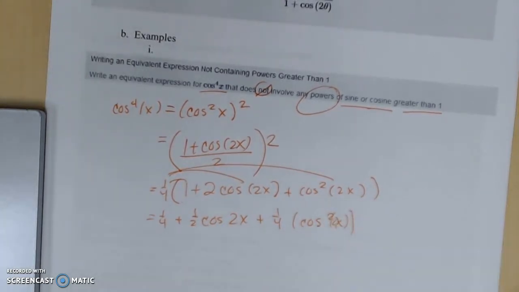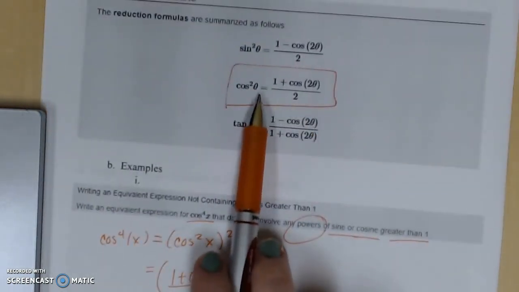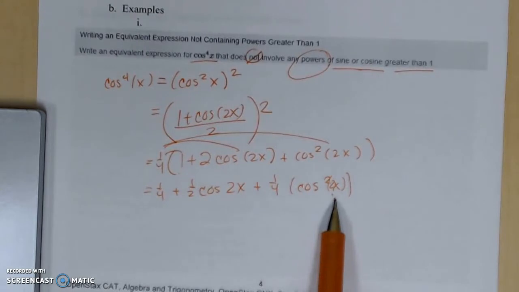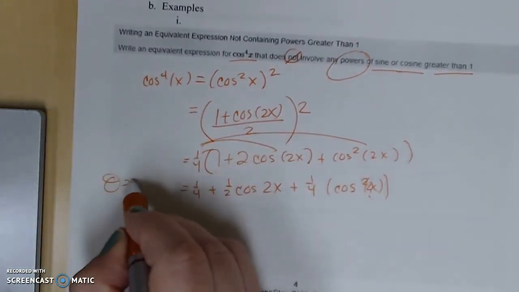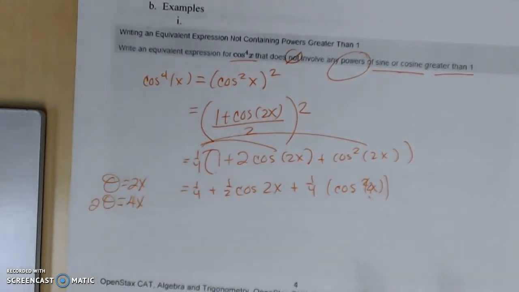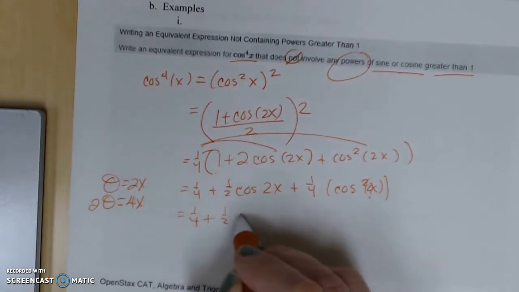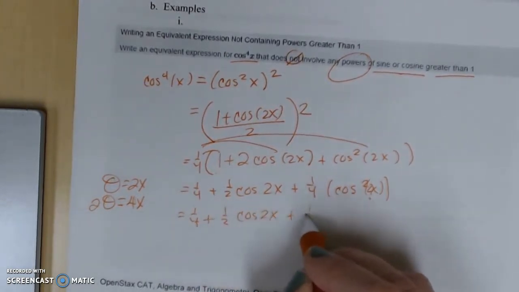And then I'm going to use my power reducing formula again here. But note my theta is 2x. And so if my theta is equal to 2x, when I do 2 theta, I'm looking at 4x in my output. So I have the 1/4 plus the 1/2 plus 1/4.